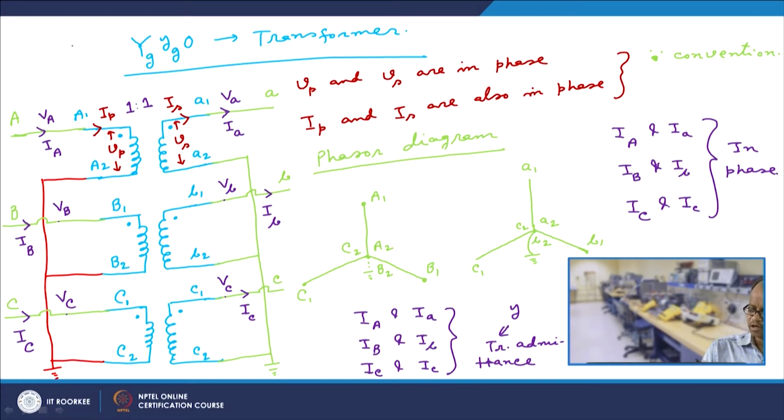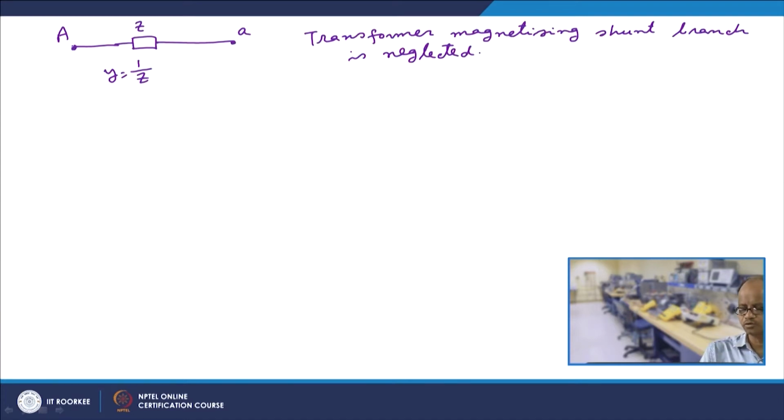Now what we have done is that in this particular diagram we have represented this transformer by its equivalent circuit like this. So, this point is V A, this point is V small a, and between A and A there is a transformer leakage admittance, that is Y.